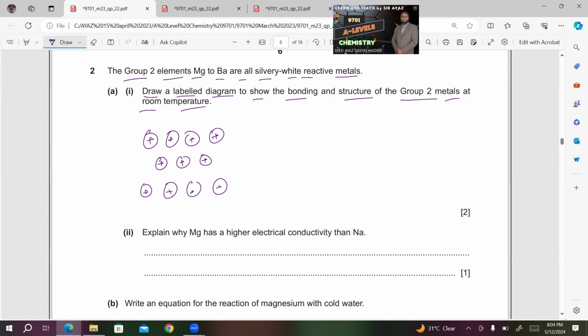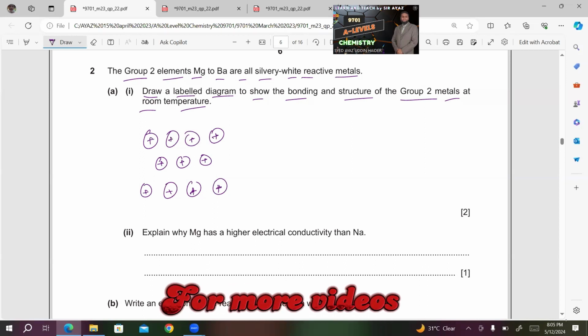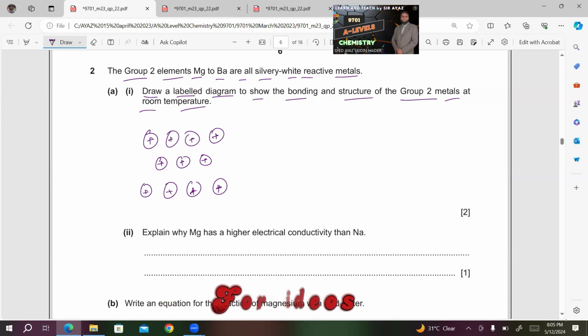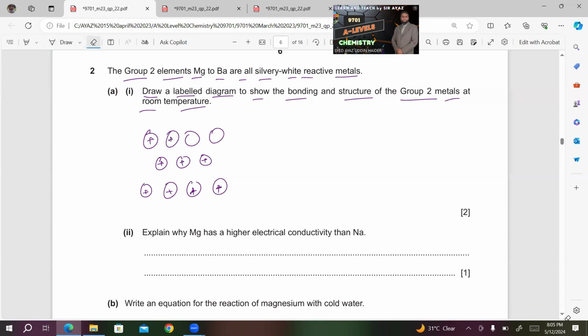You can place positive inside, or they are saying it's a cation of group 2. So if you want, you can even write X2 plus. So instead of showing plus, what we will do? X plus 2, like this. X plus 2, X plus 2, X plus 2, X plus 2.